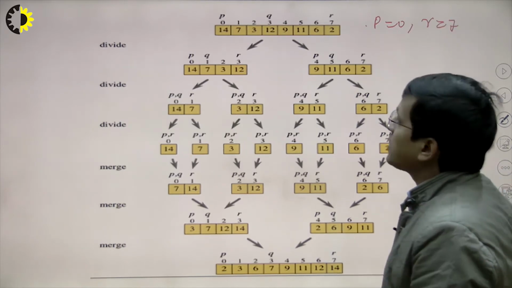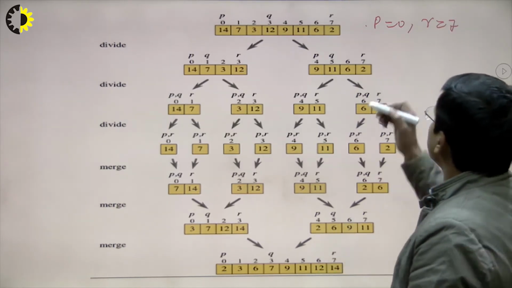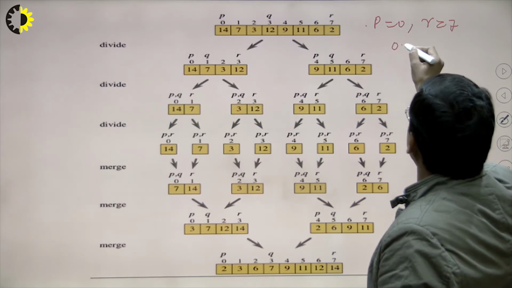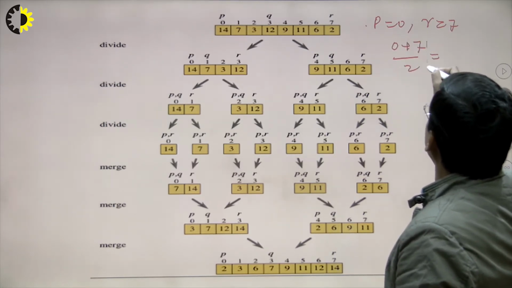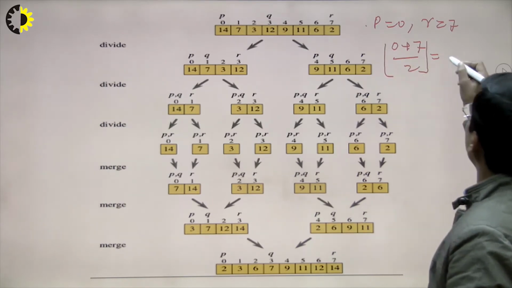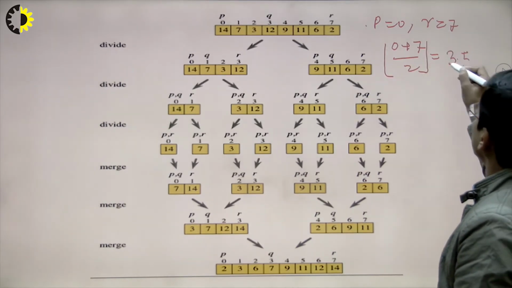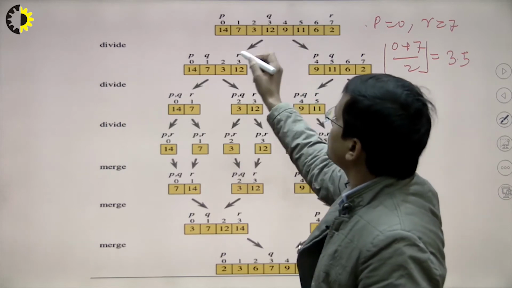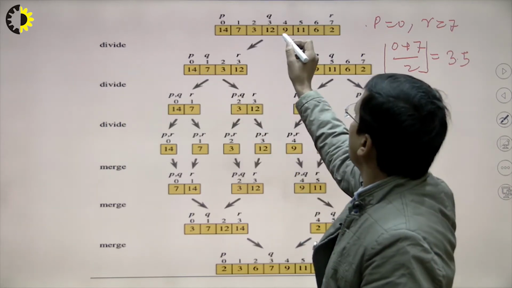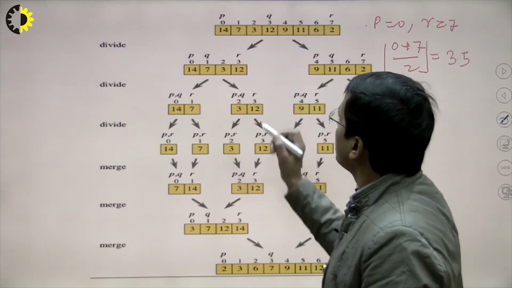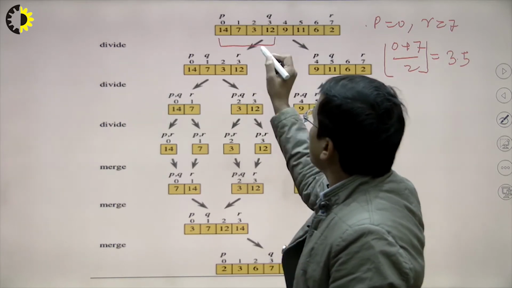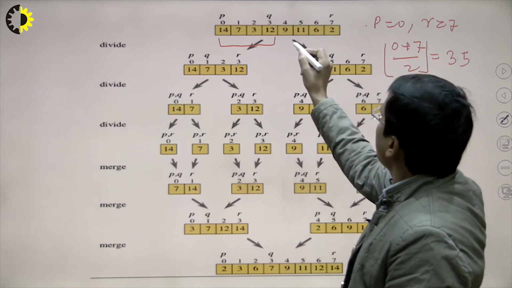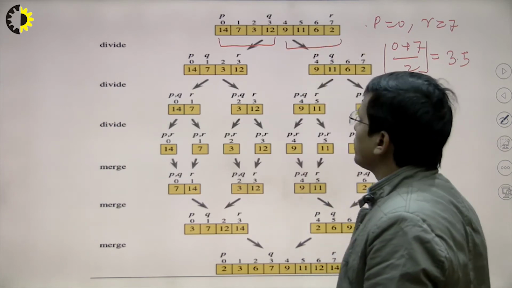First of all we divide this problem: 0 plus 7 divided by 2, taking the lower bound, which means 3.5, so 0 to 3 comes in the first subproblem, and after 3 it will be in the second. So 0 to 3 is in the first sequence, and 4 to 7 is in the second sequence.